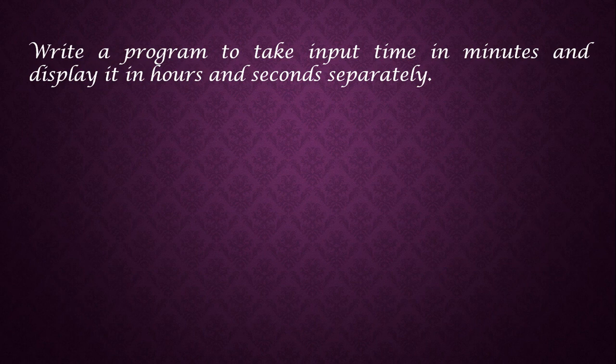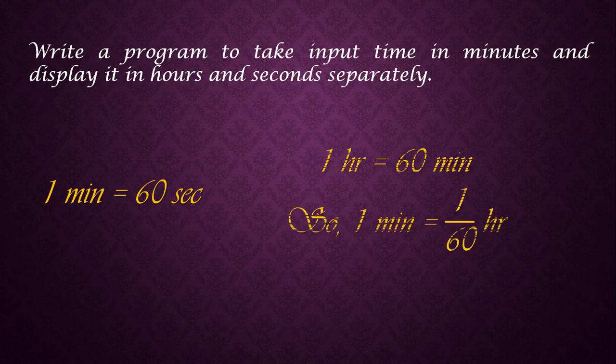If not, let us see. 1 minute equals 60 seconds and 1 hour equals 60 minutes, or it can be said in this manner also: 1 minute equals 1 by 60 hour. So we will be incorporating these two formulas in the program.